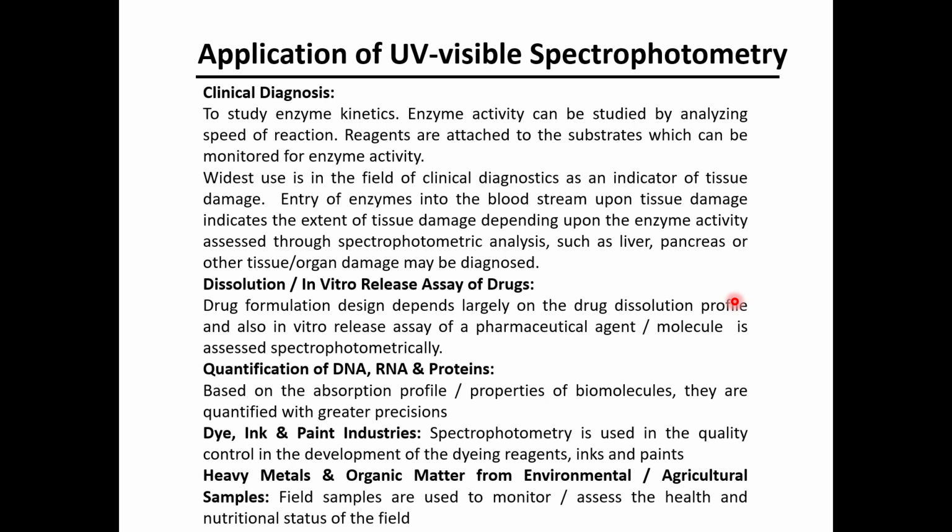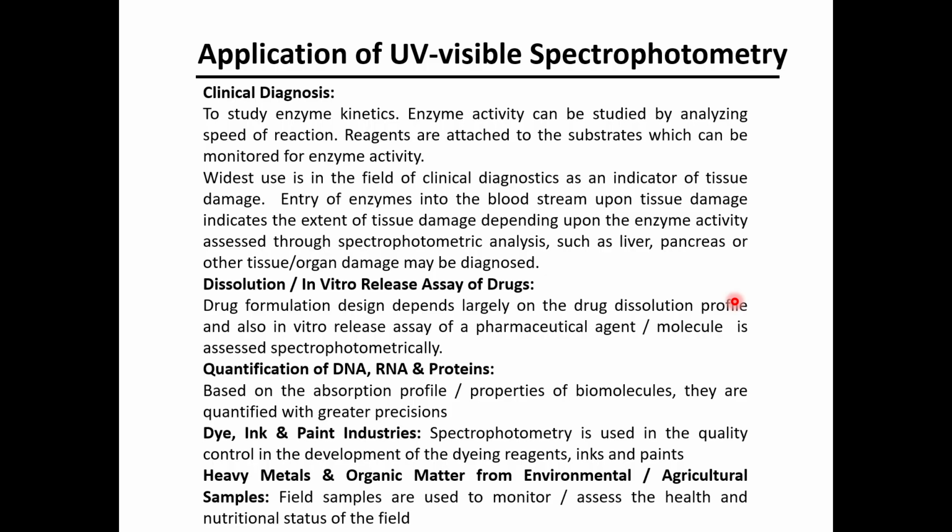It is widely used in the field of clinical diagnosis, such as an indicator of tissue damage. Entry of enzymes into the bloodstream upon tissue damage indicates the extent of tissue damage depending upon the enzyme activity. Assay through spectrophotometric analysis, such as in pancreas, liver, or other tissue damage.